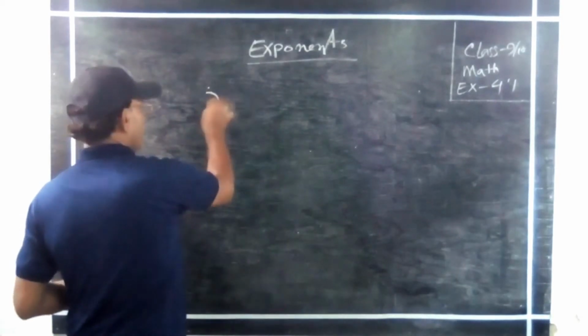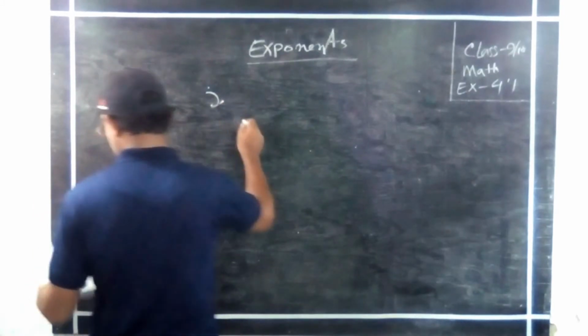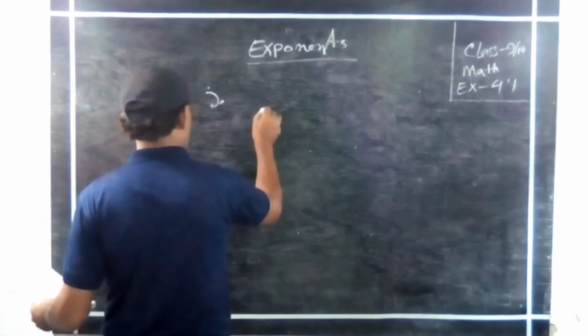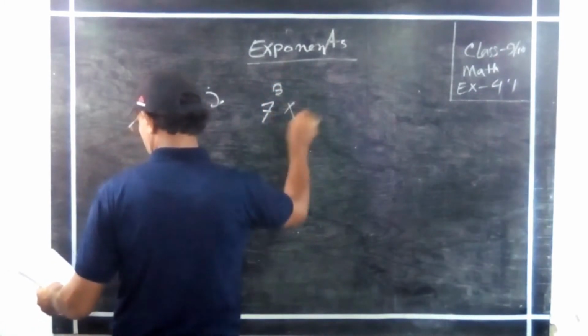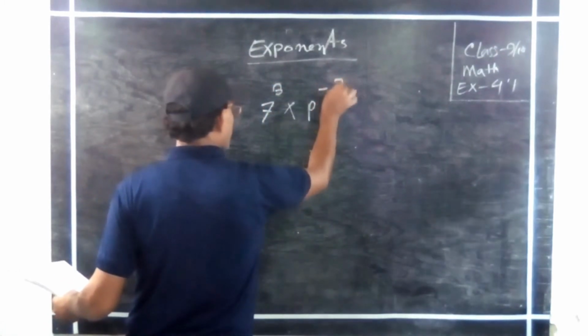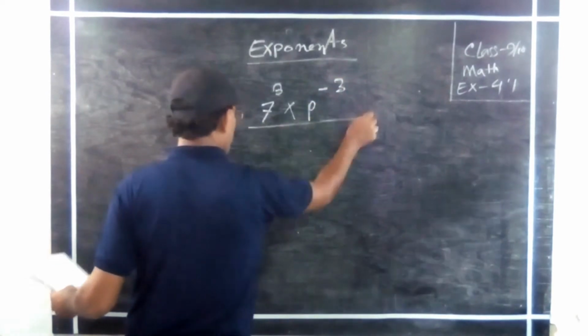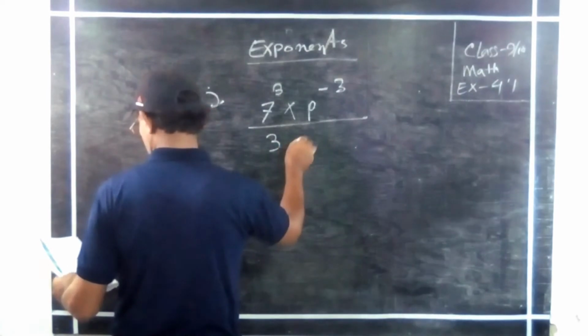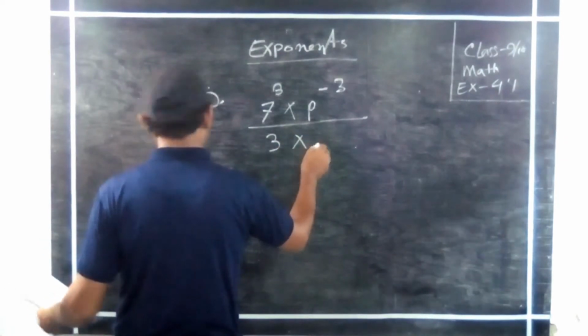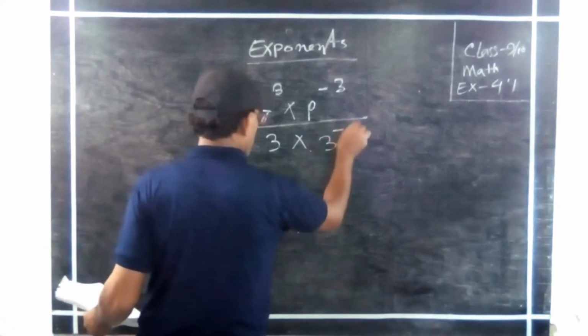Simply we write here, number 1: 7 to the power 3 into 7 to the power minus 3, divided by 3 into 3 to the power minus 4.